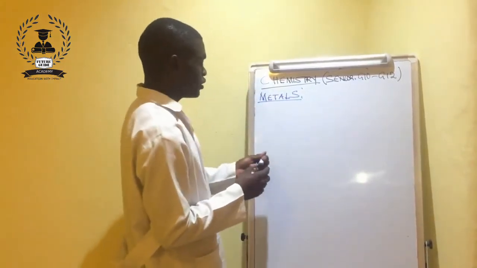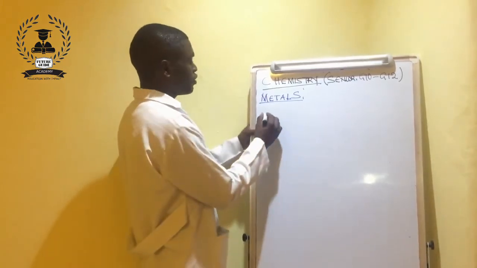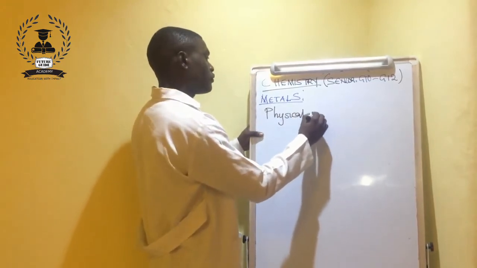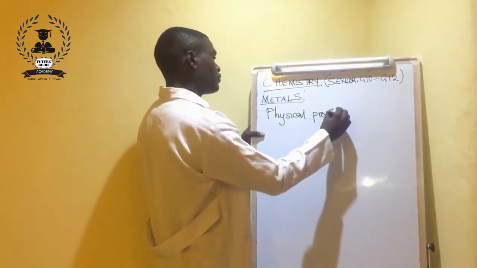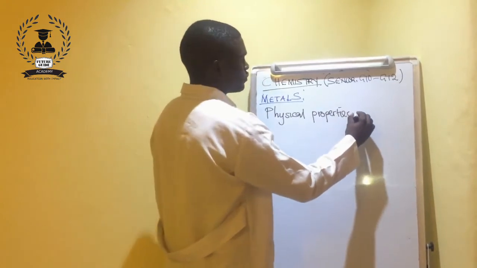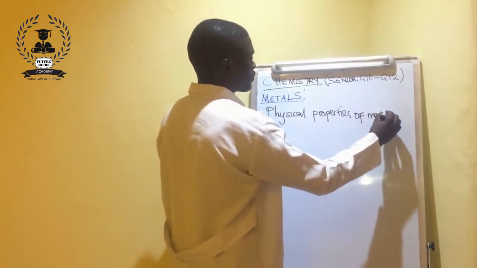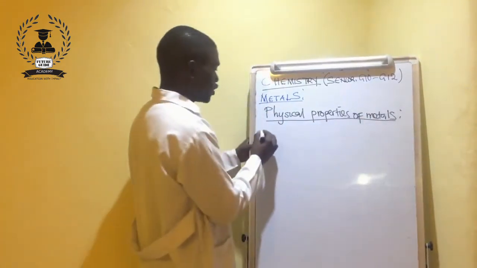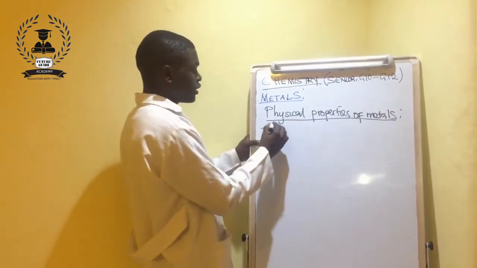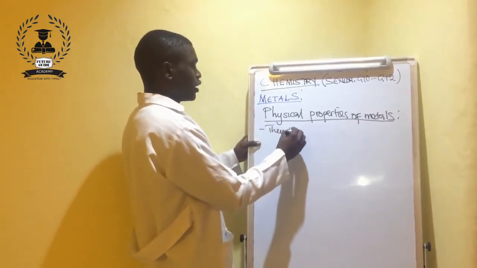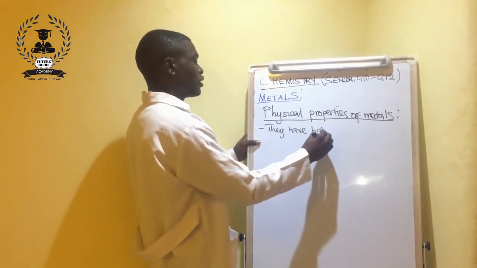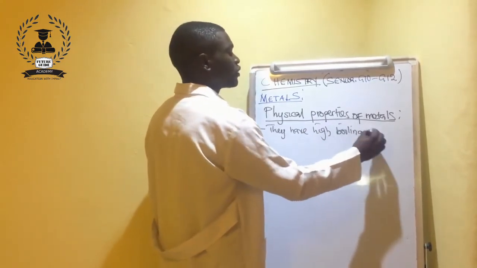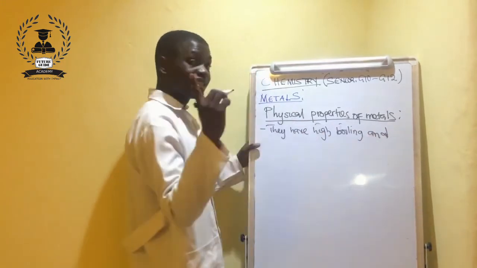So we are saying we look at properties. So the first one, we are looking at physical. The first one, we are saying they have high boiling and melting point.